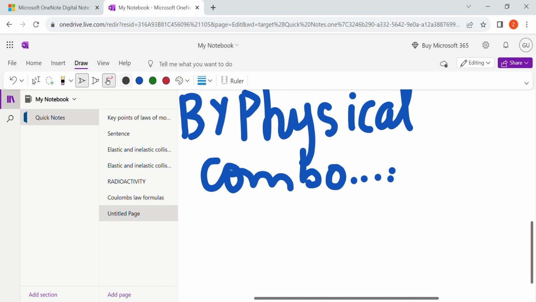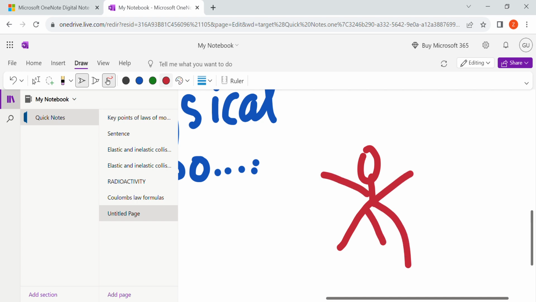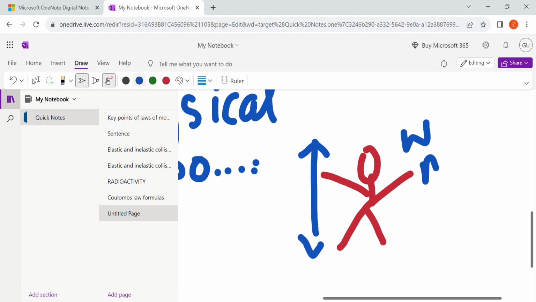For example, if I talk about the physical structure of any man, how does he look? What is his color? What is his length, I mean his height? What's his weight? What is his mass? So this is how we call the physical properties, right?